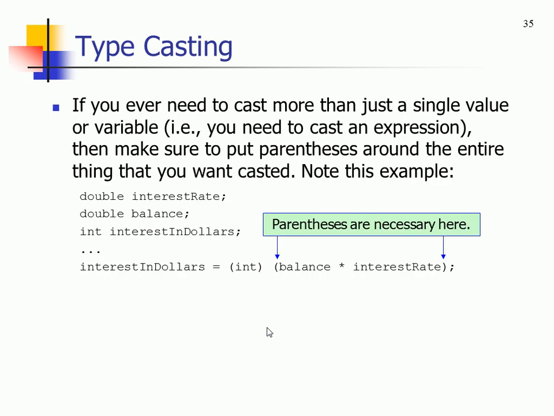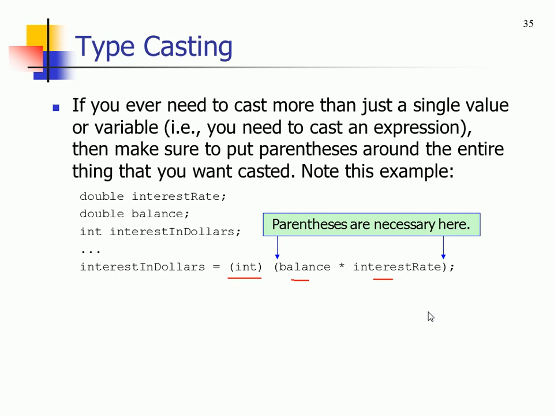If you need to cast more than just a single value, if you need to cast an expression, then make sure you put parentheses. Here we've got a double and a double, and we multiply them together. What are we going to get? A double. I want to convert the whole thing to an integer, so I put integer in front of it, in parentheses. The reason this one's important: couldn't I have just converted balance to an integer and interest rate to an integer and multiplied them?